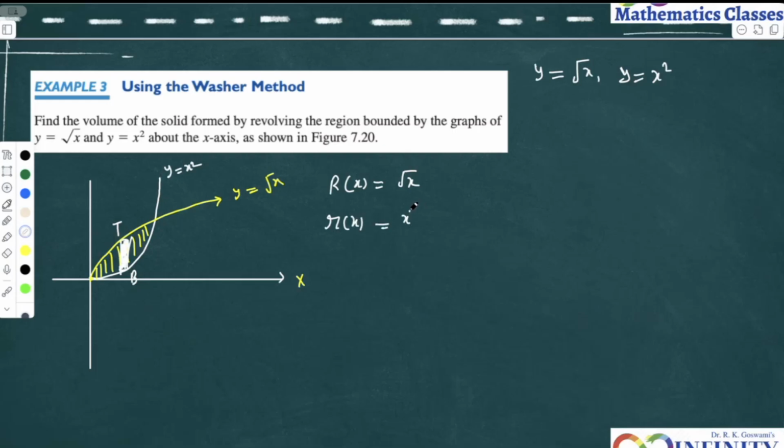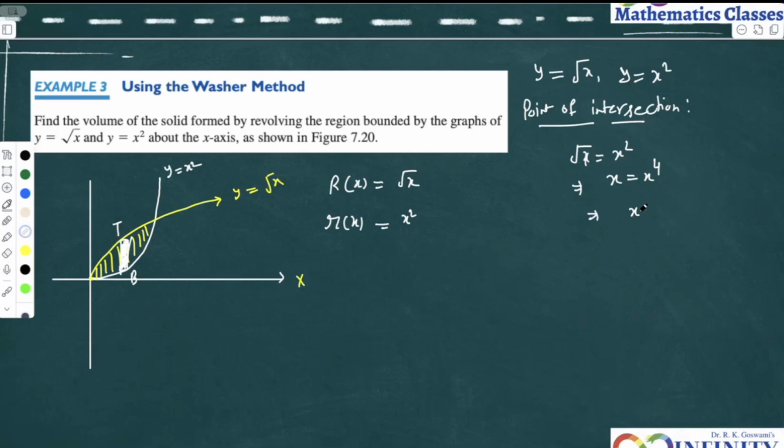What is it? X square. I need the point of intersection. For the point of intersection, you just equate the values of y. So square root of x is equal to x square. Just take the square on both sides.